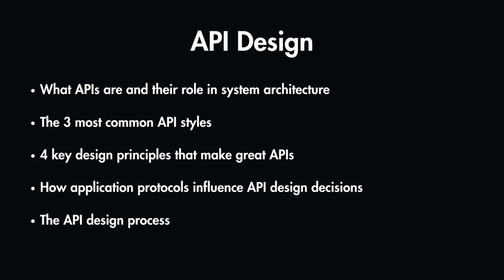Then we'll cover the three most commonly used API styles, which are REST, GraphQL, and gRPC. We'll discuss the four essential design principles that make great APIs, and also how application protocols influence the API design decisions. We'll also cover the API design process, so starting from the design phase to development phase to deployment, so we'll see how that process looks like.